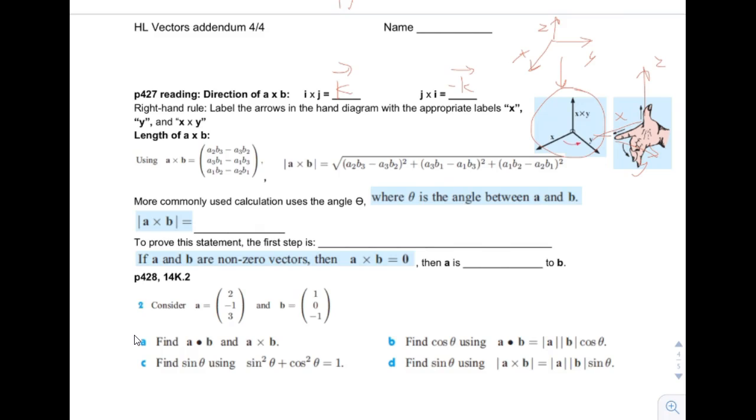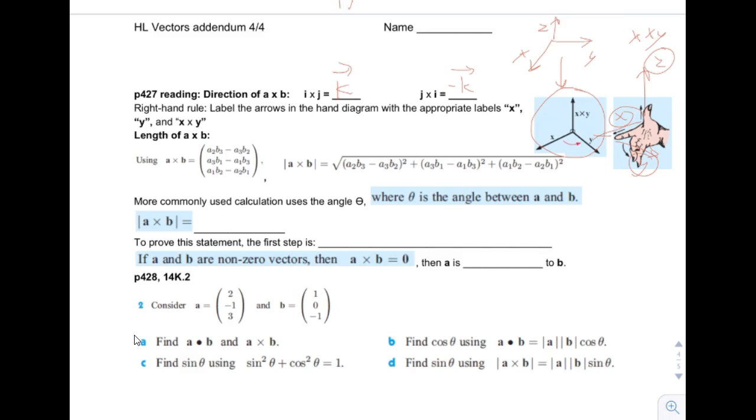I'll show you in class so that you can see it live, but it's kind of hard to see using this diagram. But basically, this is X, this is Y, and this is Z. Or Z is actually X cross Y, right? Okay, so that's the right-hand rule.